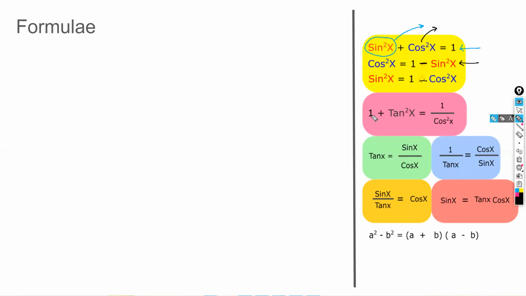Does it make sense keeping the 1 plus tan squared x, or does changing it to 1 on cos squared x have an advantage? The truth is, only experience from doing a lot of questions will allow you to make that decision. There's no clear-cut rule to indicate when it should be replaced. So take down the pink rule.